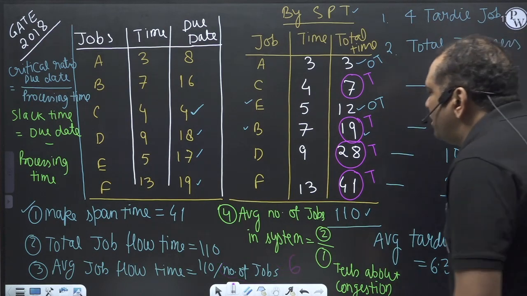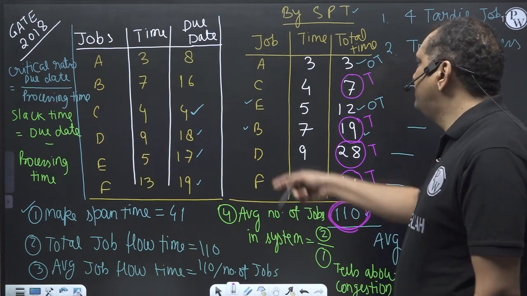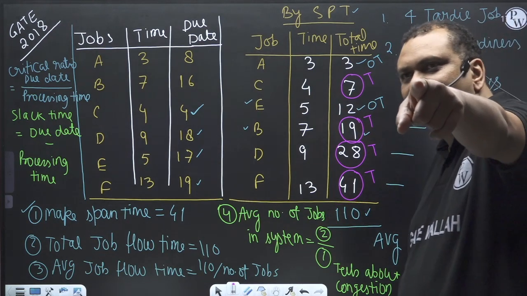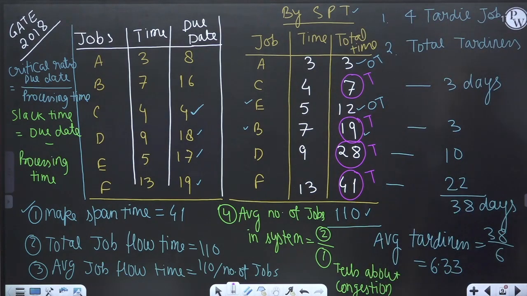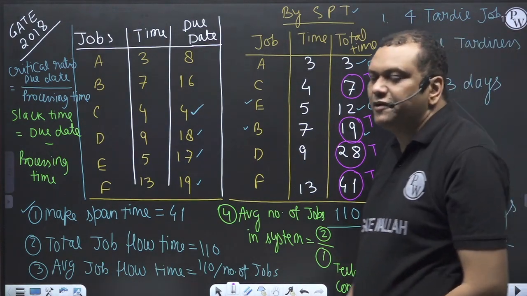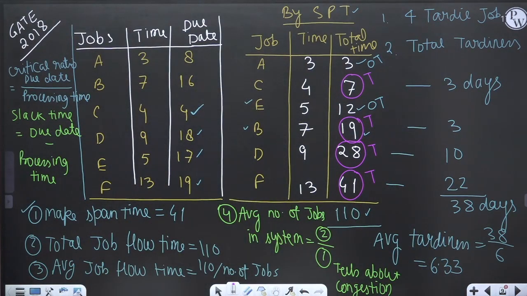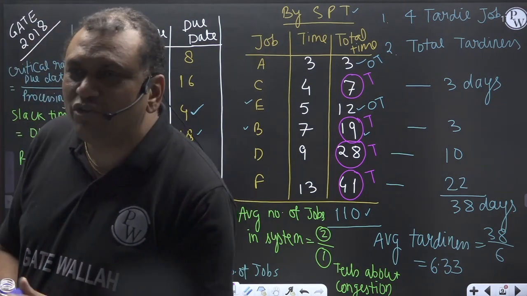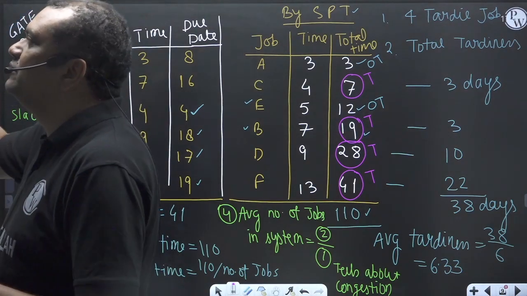So if average job flow time is being asked, you divide by the number of jobs. That way you will calculate. Understand what the different terms are. That is the reason I have already written all the data, because in one go I want to introduce all the terms. That is the logic behind writing all these things on the board beforehand.